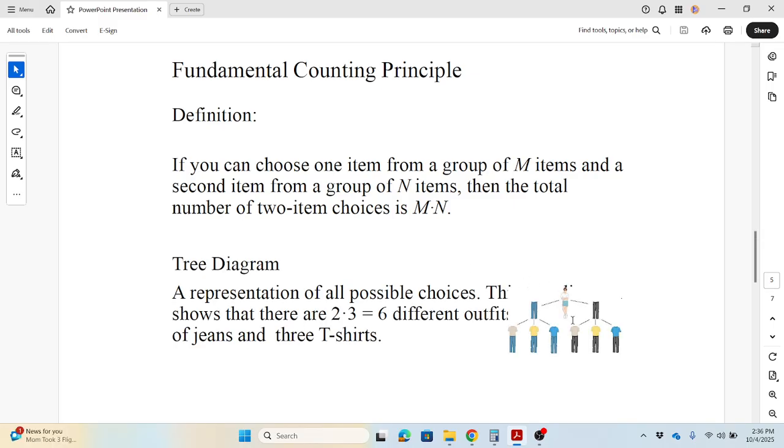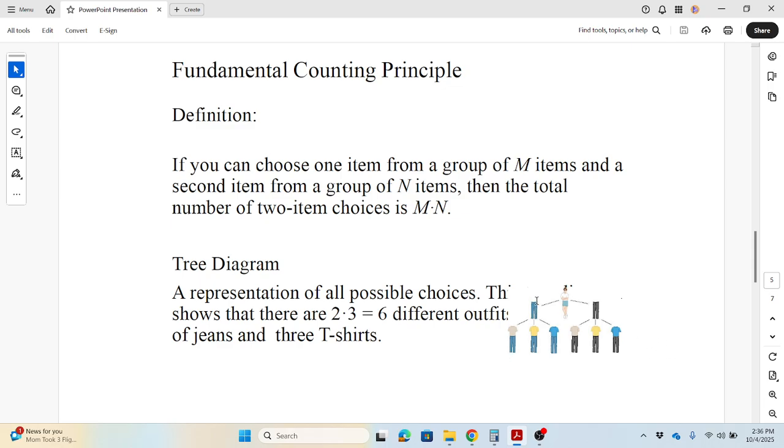So look at one example. Let's say you have a choice of two jeans and three t-shirts. Then altogether you can have 2 times 3 different possibilities.